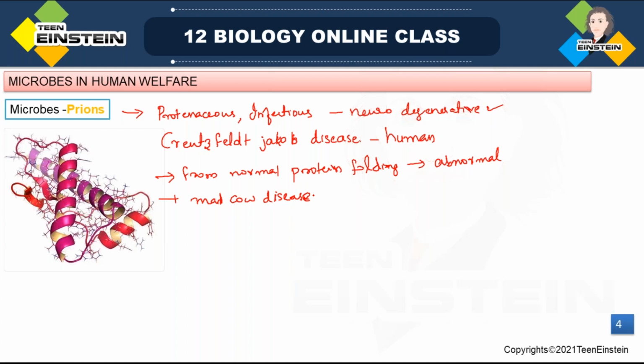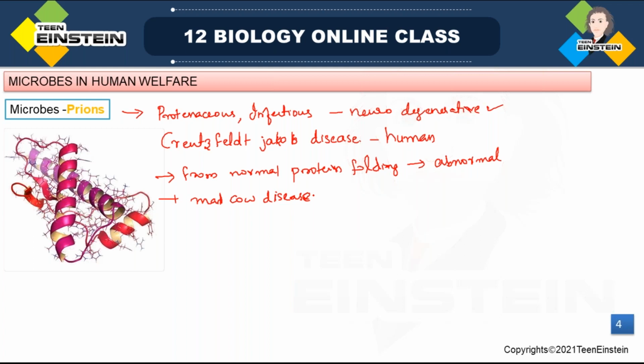Actually, prion transmission from one person to another person, or one organism to another organism, is difficult. The spreading of disease is difficult, but it is affecting the neural system, so it is a neurodegenerative disease. The neurodegeneration is taking place, so they don't have a proper treatment or cure.